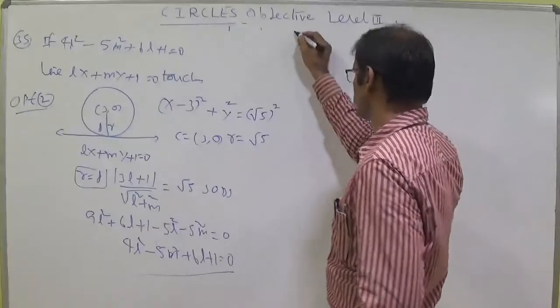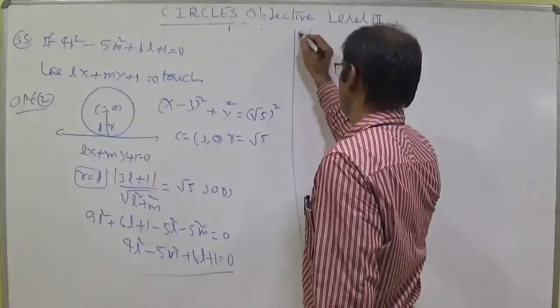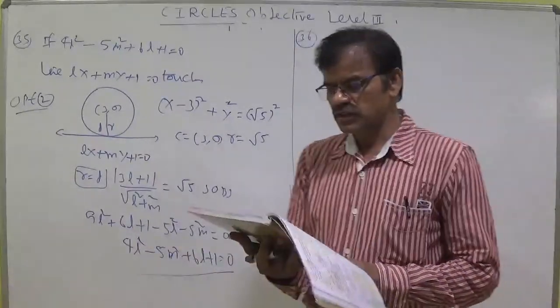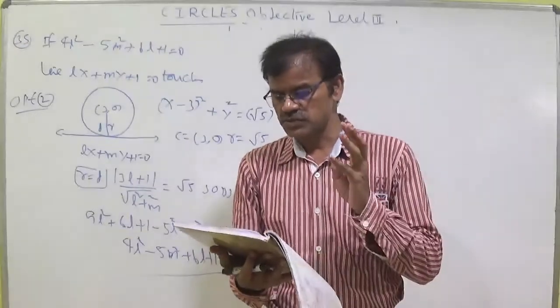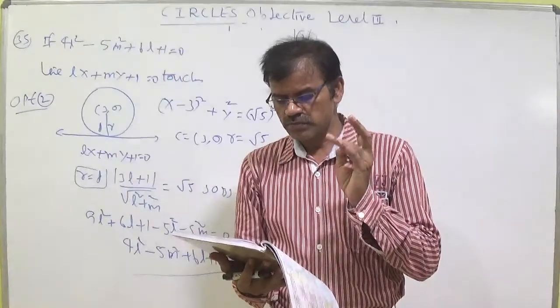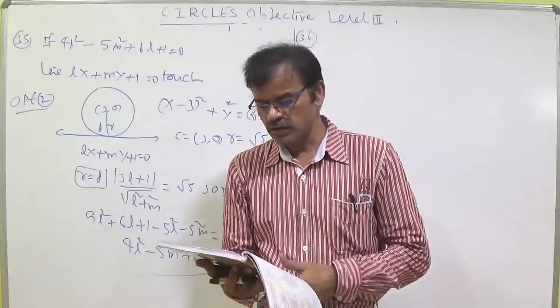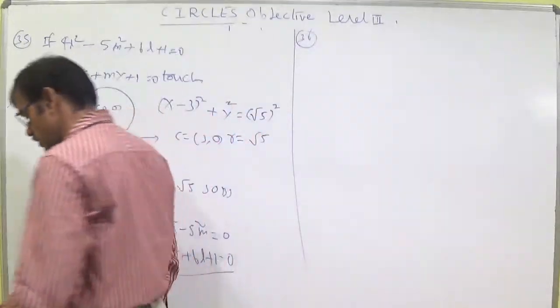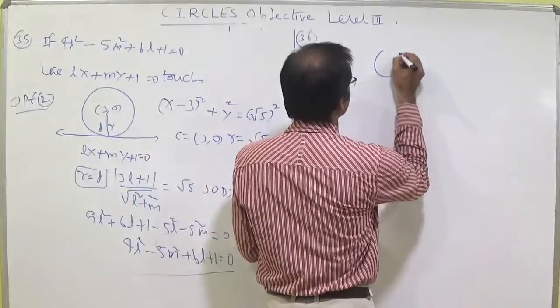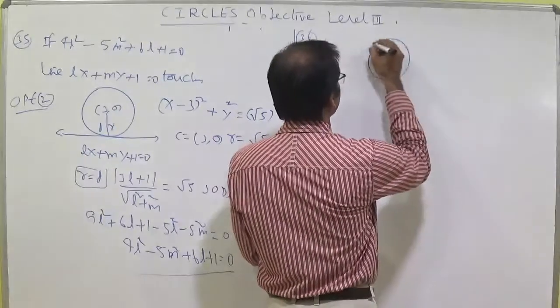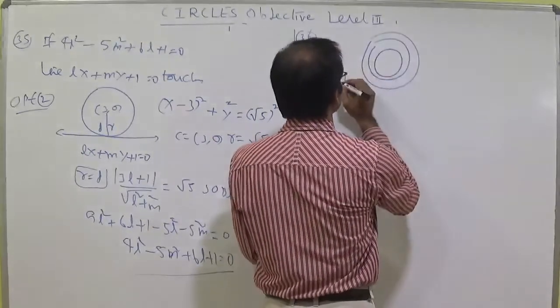Now question 36. If the squares of lengths of tangents from the point P to the circles x square plus y square equal to a square, x square plus y square equal to b square and x square plus y square equal to c square are in AP, then a square, b square, c square are in dash. From a point P (x1, y1), the three circles.